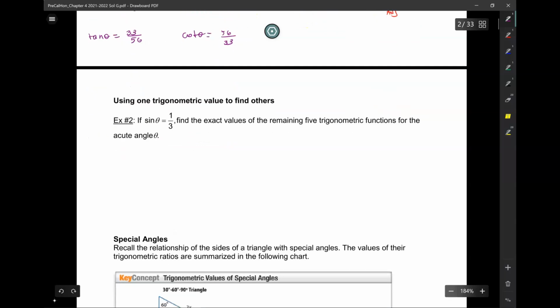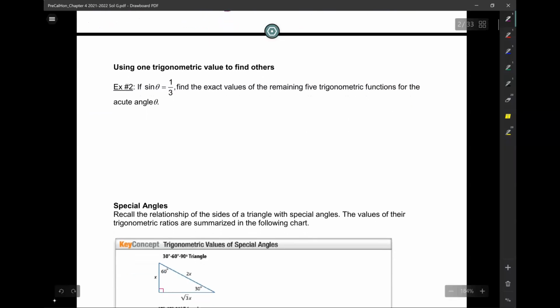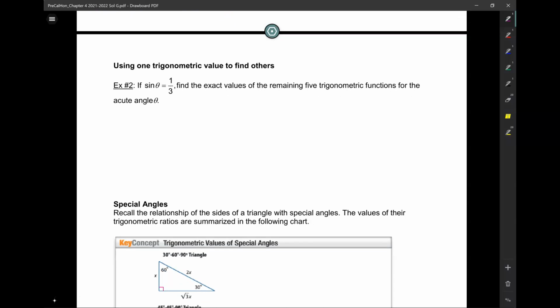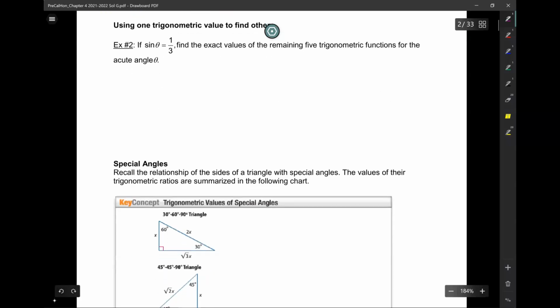Okay? So, sine of theta is equal to 1/3 is what I have to go on, right? The first thing you want to do is draw a triangle. Okay. So take a look at a triangle. Here, I can draw a right triangle.